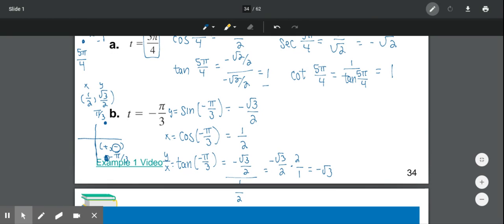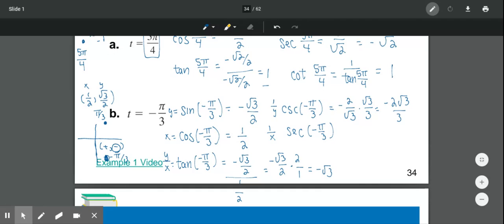When we go to the cosecant, the cosecant of negative pi over 3 is just the reciprocal of sine, right, because cosecant is 1 over your y or 1 over sine. So we would have negative 2 over root 3. If we were to rationalize that, we would get negative 2 root 3 over 3. The secant of negative pi over 3 is the reciprocal of cosine.